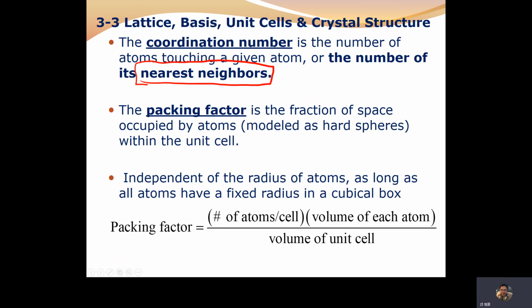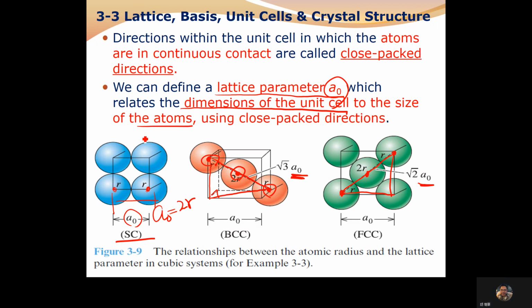For example, for the simple cubic, in this case, you can think of the atom here, what is the coordination number of the atom here? Just think of it. And what is the coordination number of the atom here for BCC?